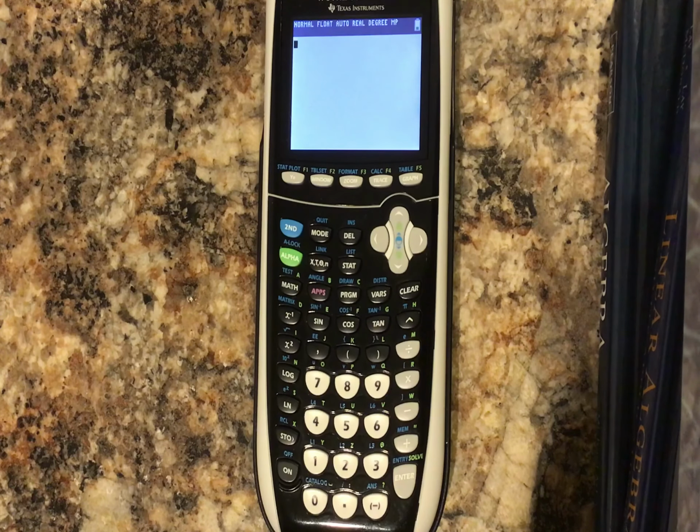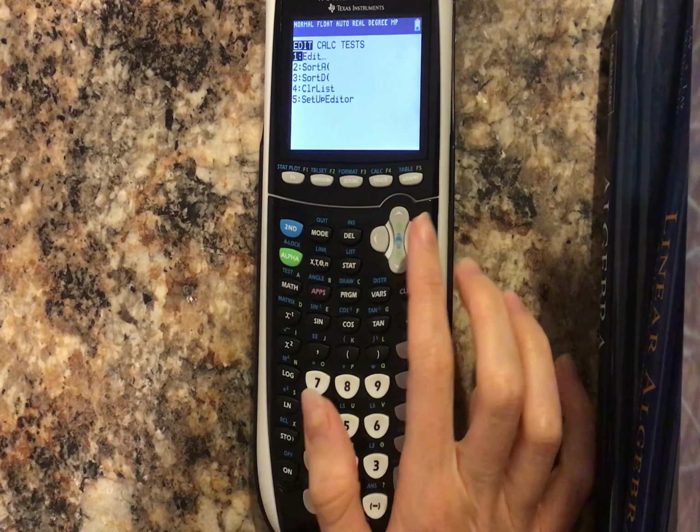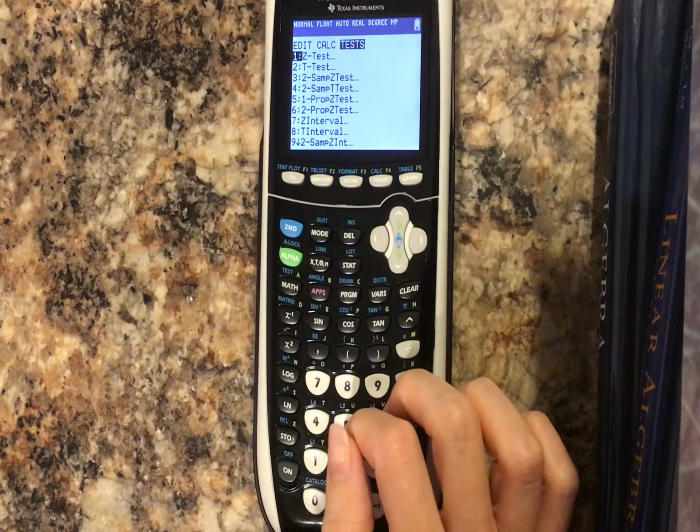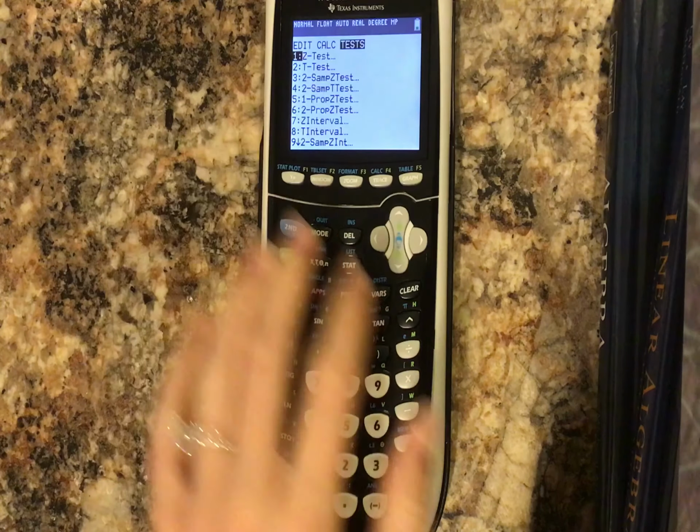So now we are going to be conducting a t-test because we know our sample standard deviation but not our population standard deviation. So let's go to stat and go across to tests. And right underneath where we had z-test is t-test.